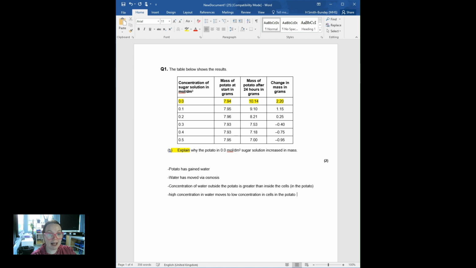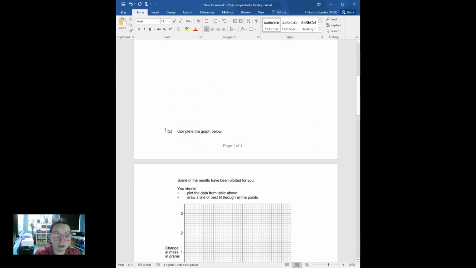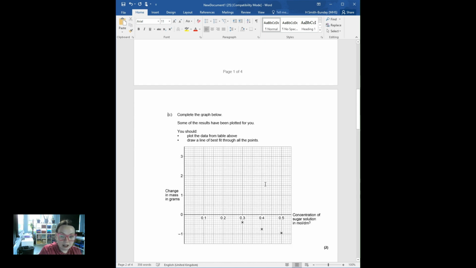Okay, so it's moving from high concentration to low concentration. If you just want to be specific and not go through all that, you could have written high concentration in water moves to low concentration in cells in the potato. Okay, you could write it either way.